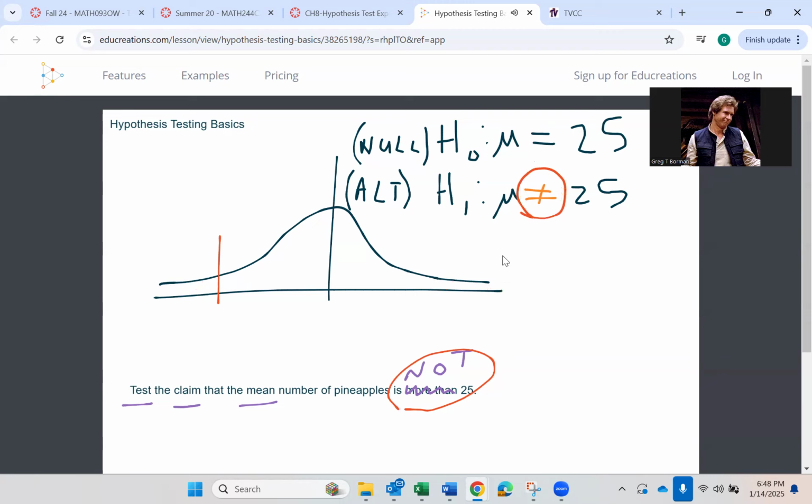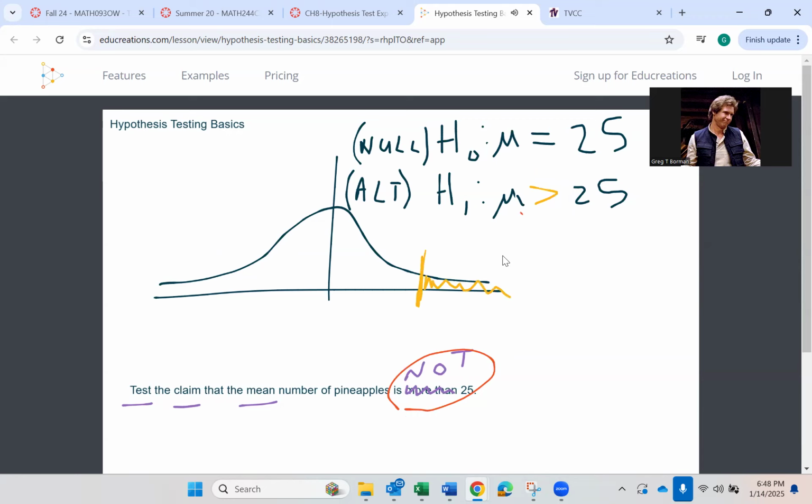Well, what if we don't have a not equal sign there? What if we have something like greater than? Greater means go to where things are greater, on the right side, just like on a number line.